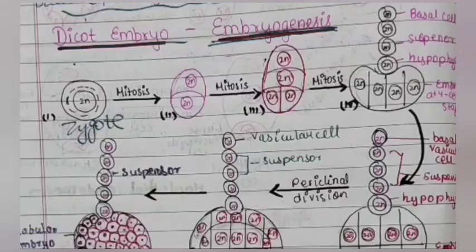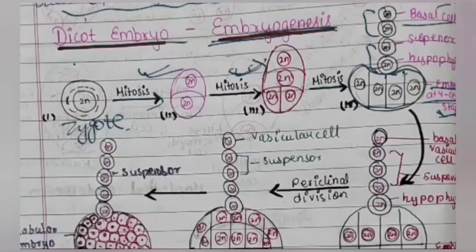So this is the zygote, in which mitotic division takes place three times, right? And it forms cells. This is the embryo at the 4 cell stage, with the basal cell, then the suspensor cell, and then the hypophysis, aligned on each other.